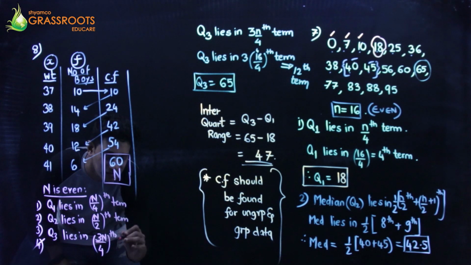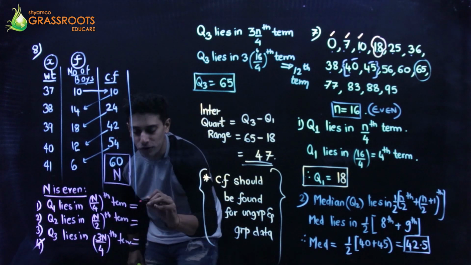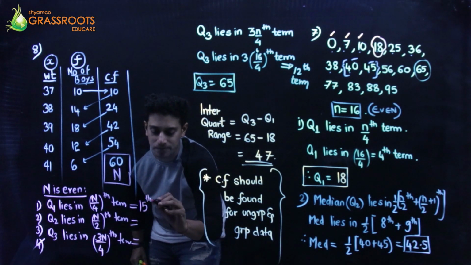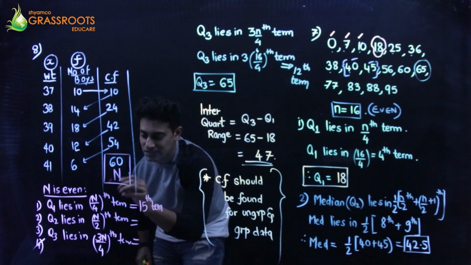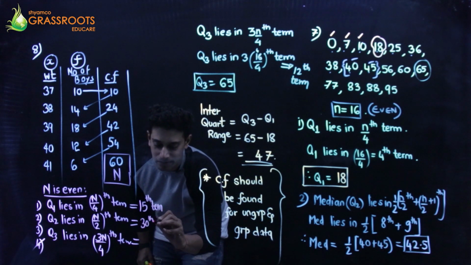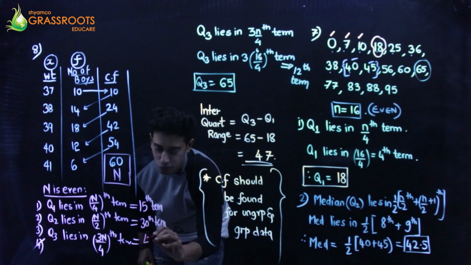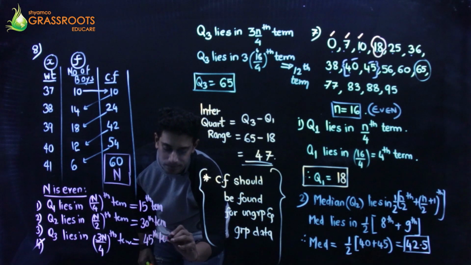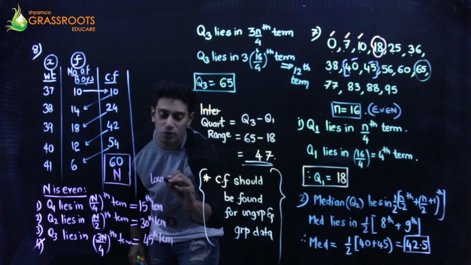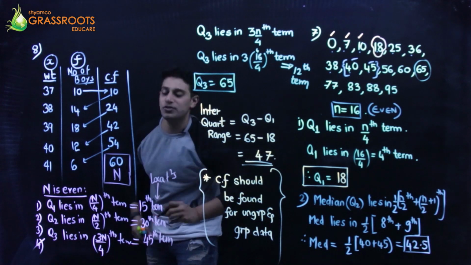This is not the answer, this is the location. 60 by 4, 15th term; 60 by 2, 30th term; 45th term. So these are the locations of my answers, not the answers.